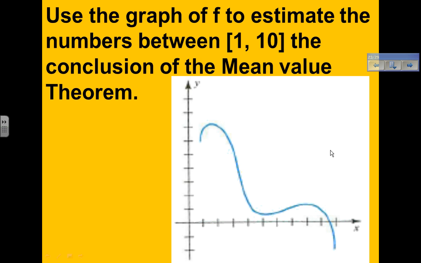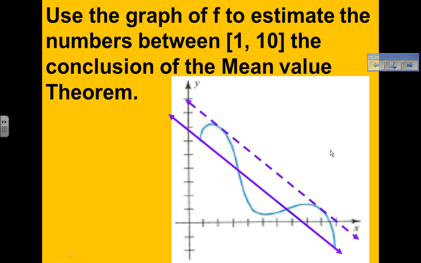So, this one, use the graph to estimate the numbers, plural, between 1 and 10, that satisfy the conclusion of the mean value theorem. You got to use a straight edge to find out where this is going to happen. So, it looks like right there is a couple places because it's parallel.